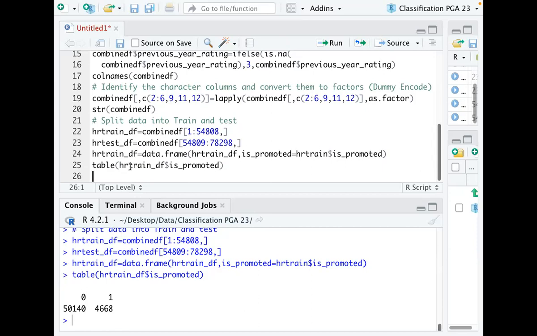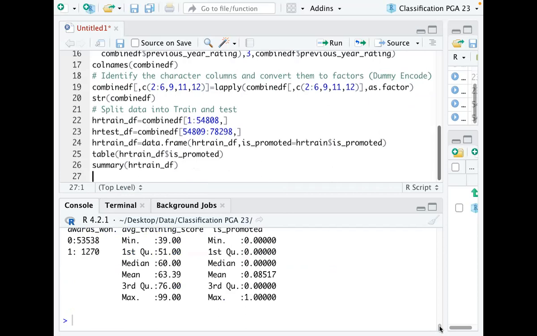Okay. So in our dependent variable, promoted are 4668, and those not promoted are 50,140. 0 means not promoted, 1 means promoted. So summary, HR train underscore DF.